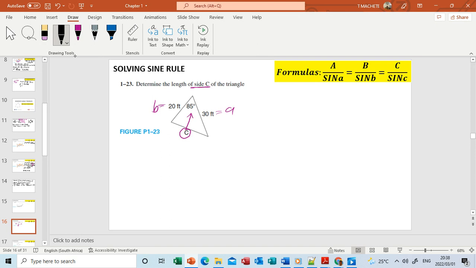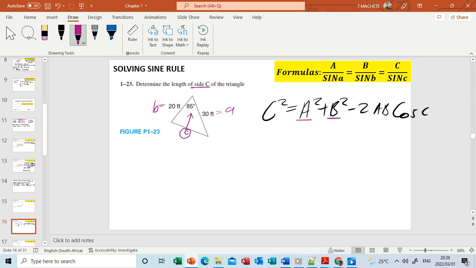So this is what you're gonna do. You're gonna write the C squared equals to, it's the same thing, guys. A squared plus B squared minus 2AB cos C. It's easy. You check the formula. You are given these two and also the opposite angle to that unknown side.